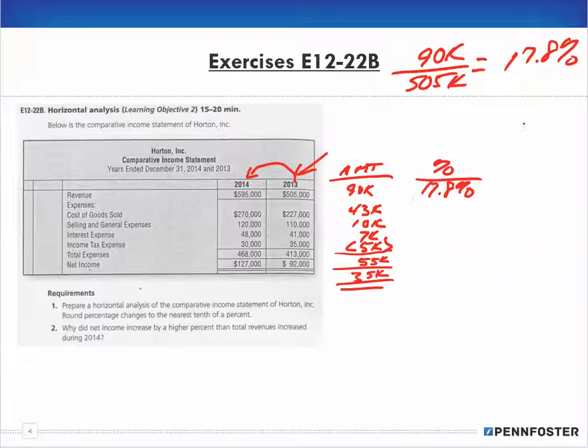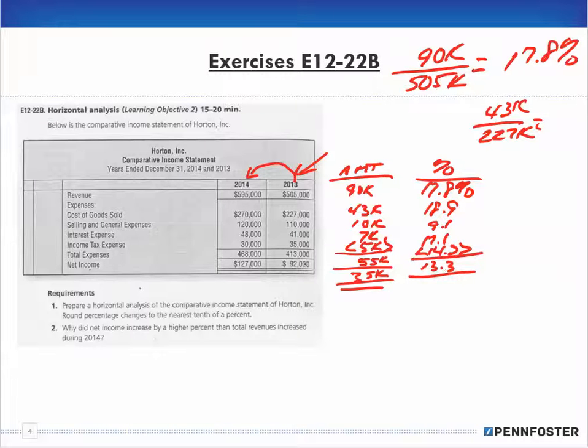I'm taking the 43,000 and dividing it by 227,000, and I get 18.9%. 10,000 divided by 110,000 is 9.1%. 7,000 divided by 41,000 is 17.1%. Negative 5,000 divided by 35,000 is a negative 14.3%. 55,000 divided by 413,000 is 13.3%.